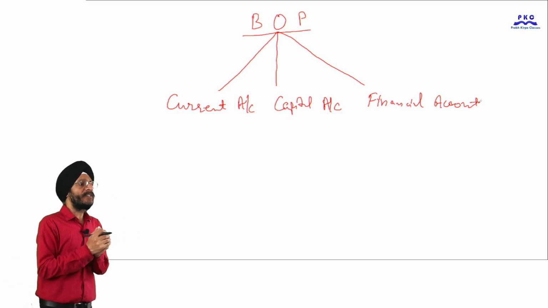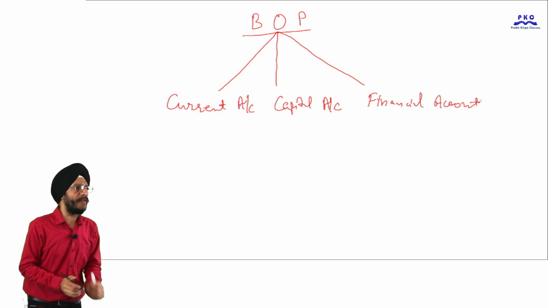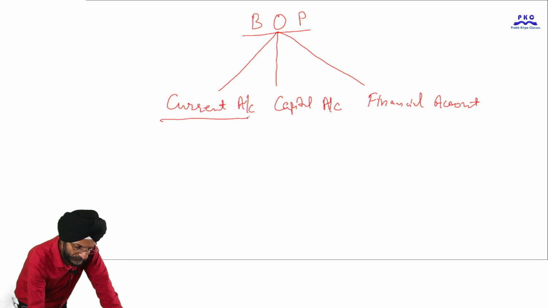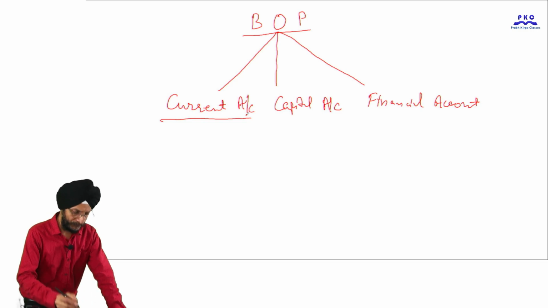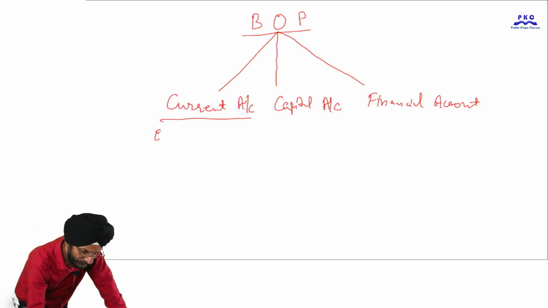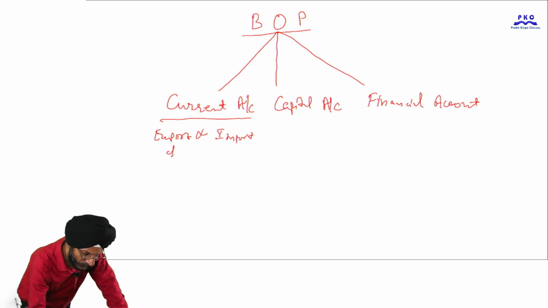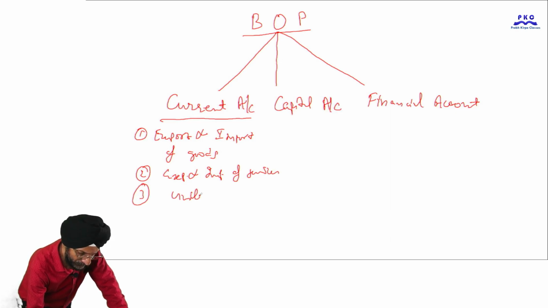Now here we will discuss balance of trade. In the current account of balance of payment, we discuss export and import of goods, export and import of services, and unilateral transfers.